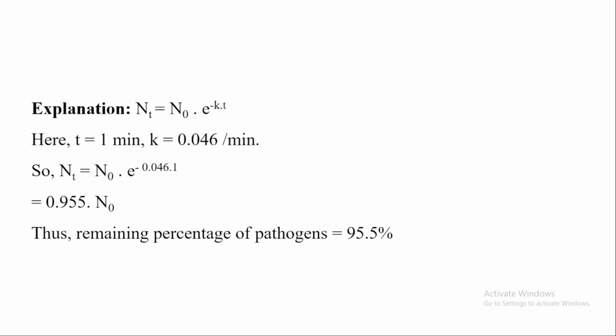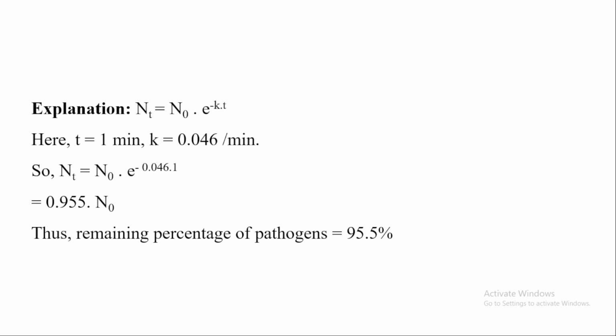If you calculate this, I have told you the value of e is around 2.7. So 2.7 raised to the power of minus 0.046. If you calculate this, you will get 0.955. So Nt is equal to 0.955 of N0.